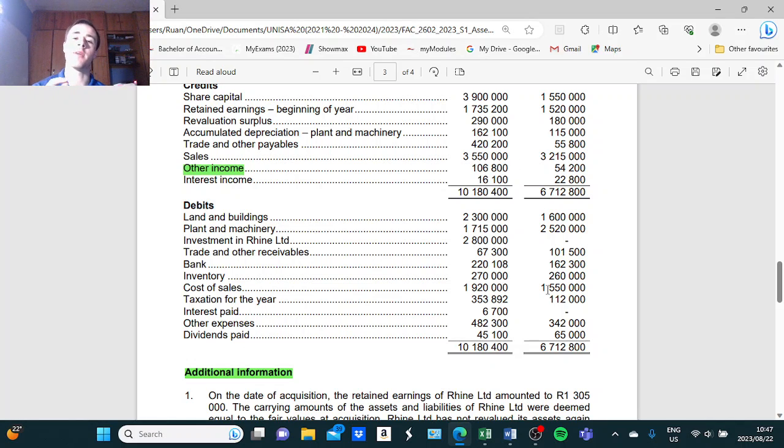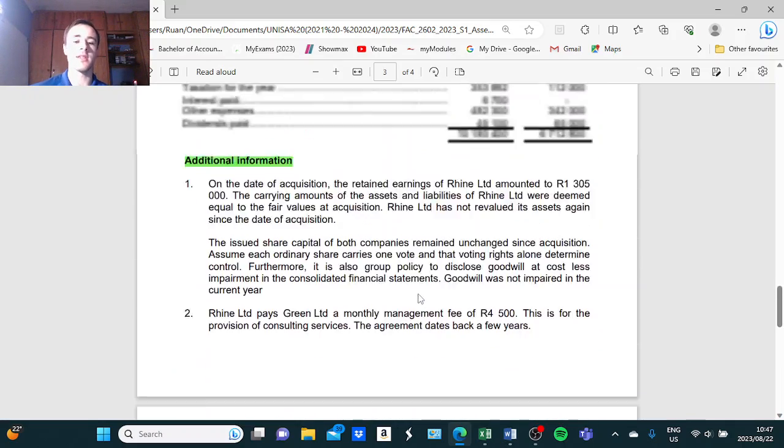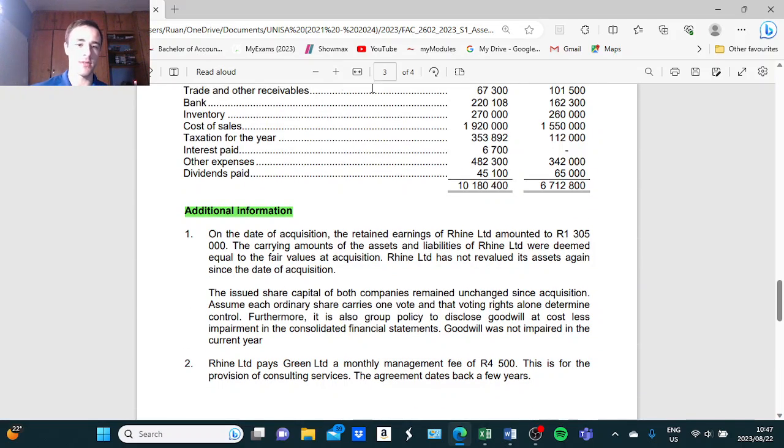Because the parent, Green Limited, is in effect a shareholder of the subsidiary, you need to keep in mind that the parent would have received a portion of the dividends paid by the subsidiary, based on its percentage interest that we have inserted in the analysis of owner's equity calculation.